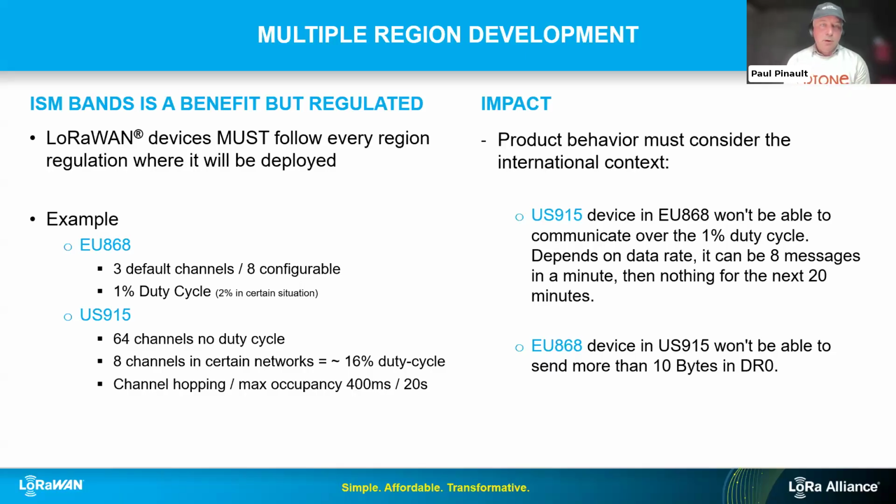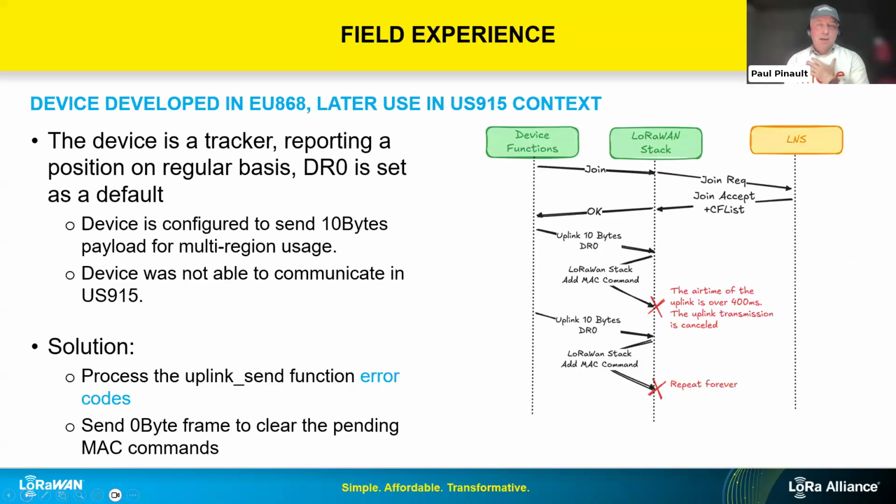Let's go to an example of this, because I made this error. I made a tracker. I read the documentation, so I knew that the tracker had to have a limit of 10 bytes for US 915. But what I forgot for the tracker is that the stack can also add some extra payload, the MAC commands.